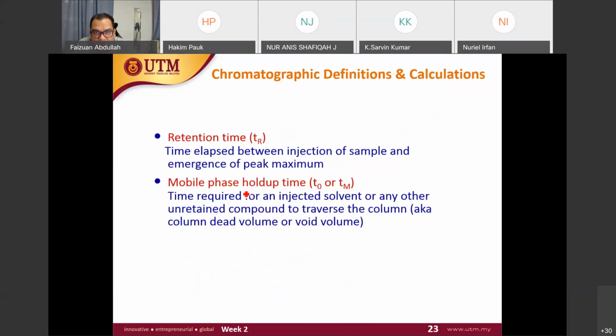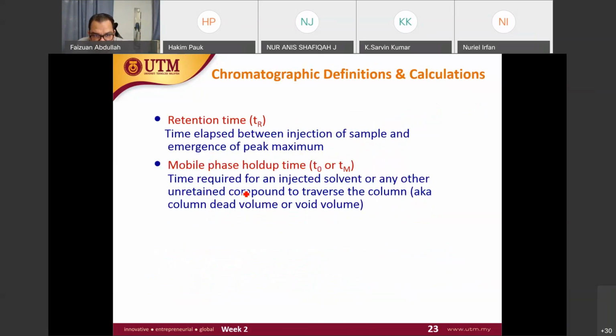Chromatographic definition and calculation. Retention time, TR, is the time elapsed between injection of the sample and emergence of the peak maximum. The mobile phase hold up time, T0 or TM, is the time required for an injected solvent or any other unretained compound to traverse the column, also known as dead volume or void volume.